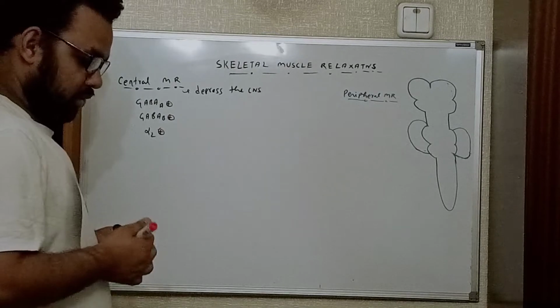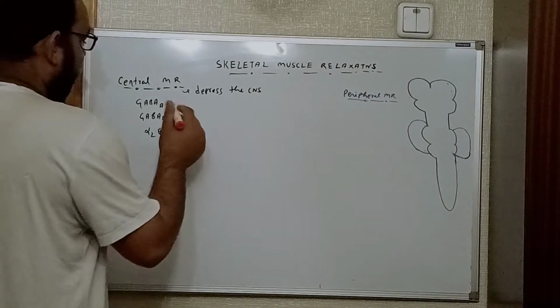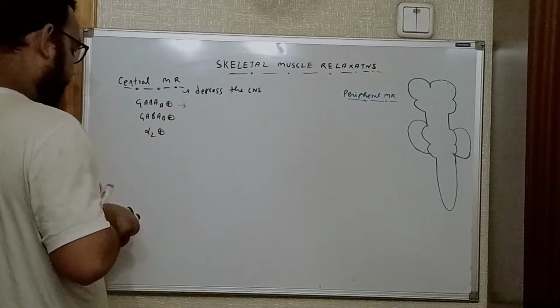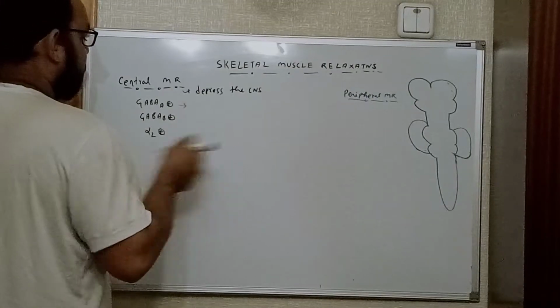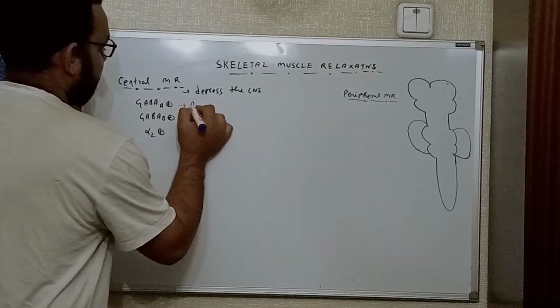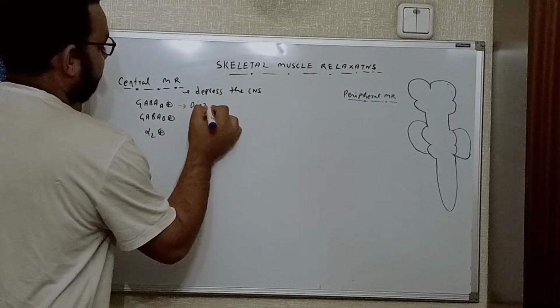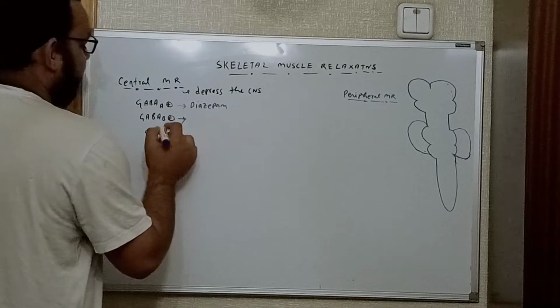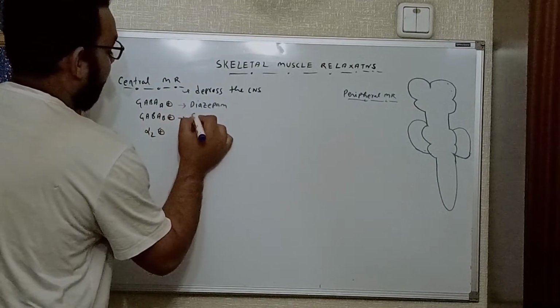First, for GABA, the drug we can use is diazepam, to stimulate the GABA A receptors. In case of GABA B stimulation, we can use baclofen.